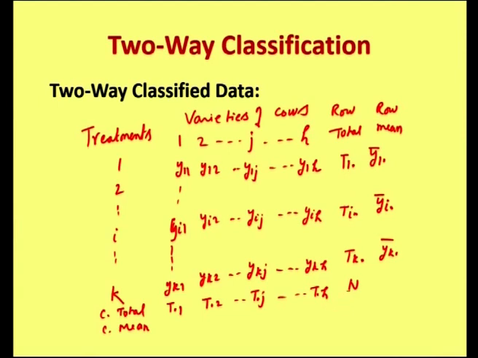Both column total and row total give the same value, which is capital N, and the column means are Y dot 1 bar, Y dot 2 bar and so on, Y dot j bar and Y dot h bar.